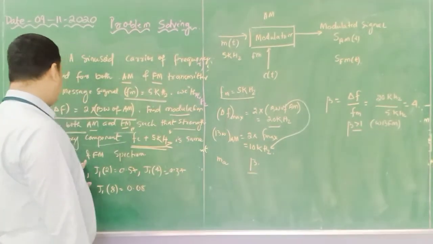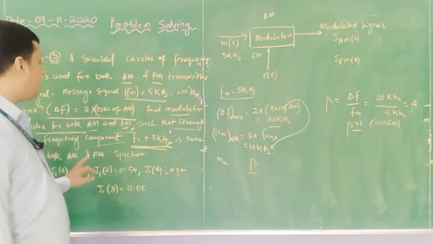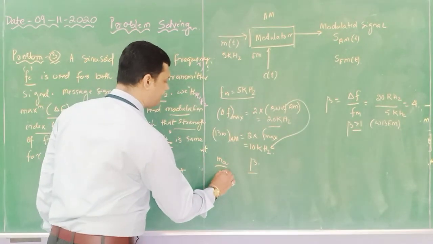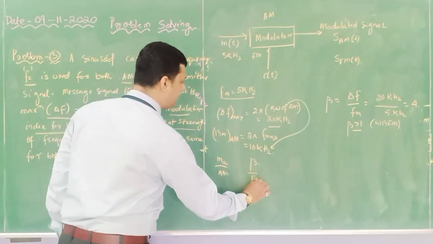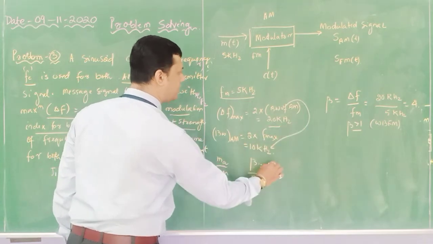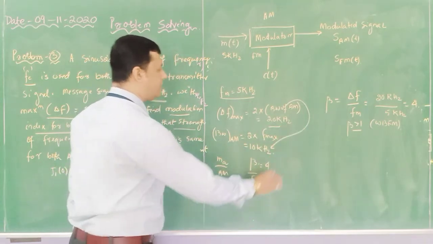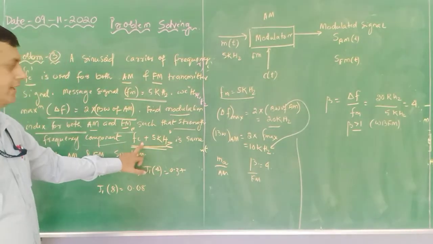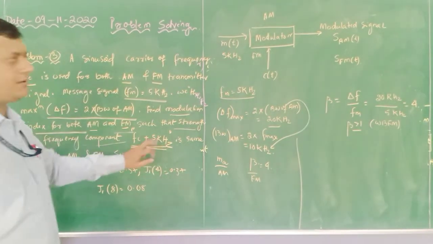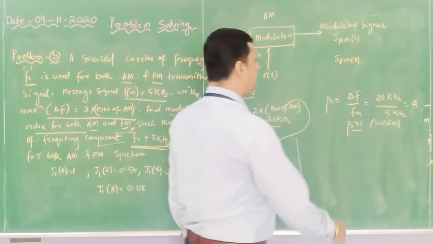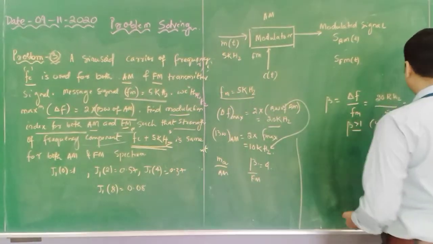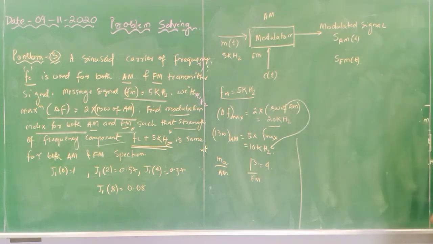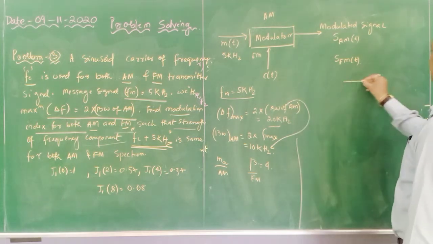Now, next we have to identify the modulation index for AM. This is the modulation index for FM that we have determined, which is 4. Now one more hint is given about the component Fc plus this one. For this, I will plot the frequency spectrum so that people can understand.